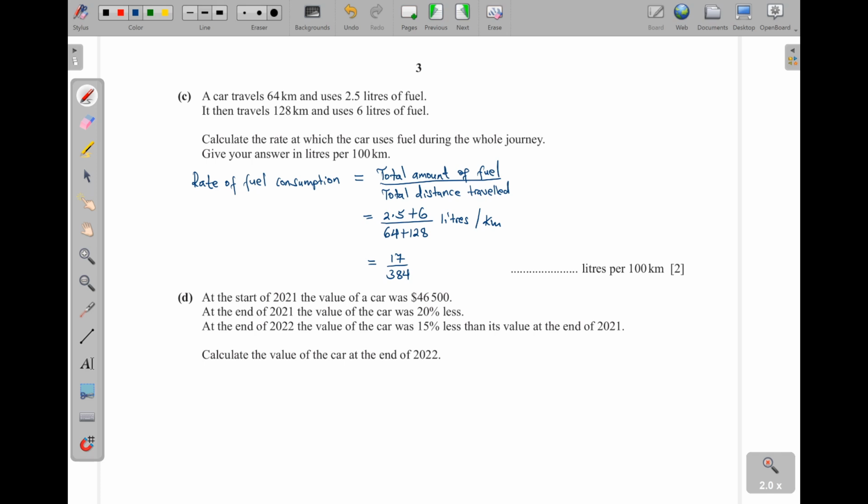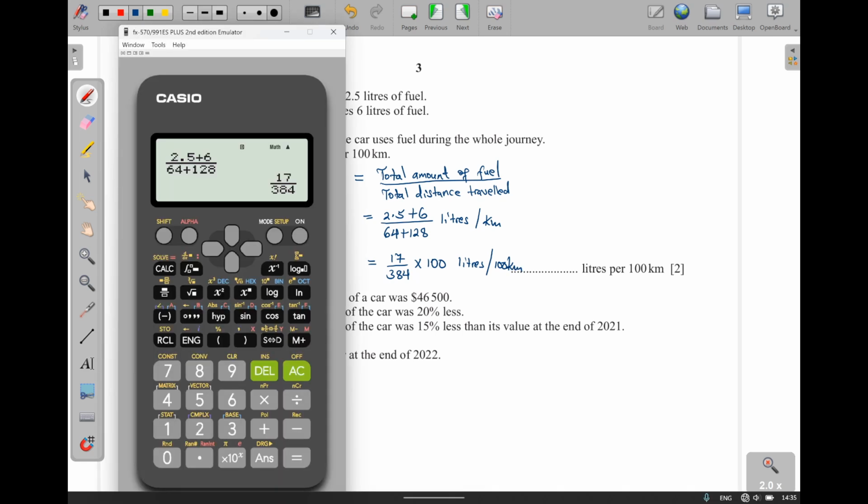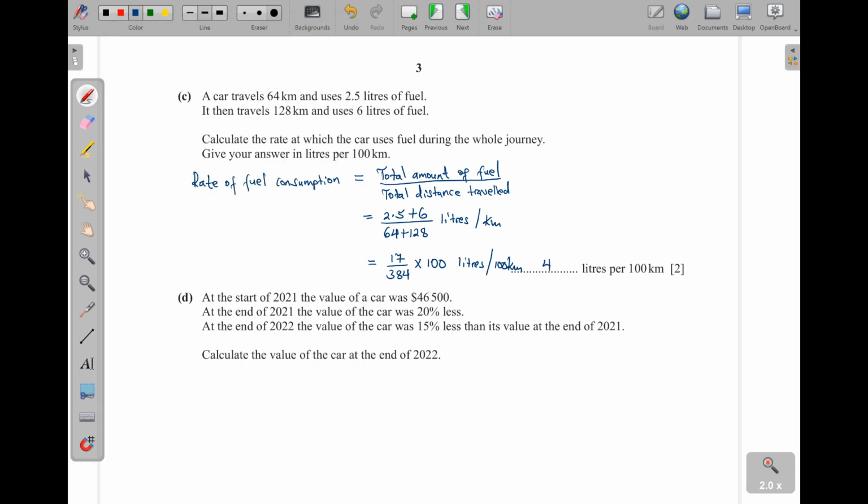That means what we have gotten here, we can multiply by 100. So this will be liters per 100 kilometers. So what do we get? The answer we have gotten, we multiply by 100. This gives us 4.43 to 3 significant figures. 4.43 as our answer there.